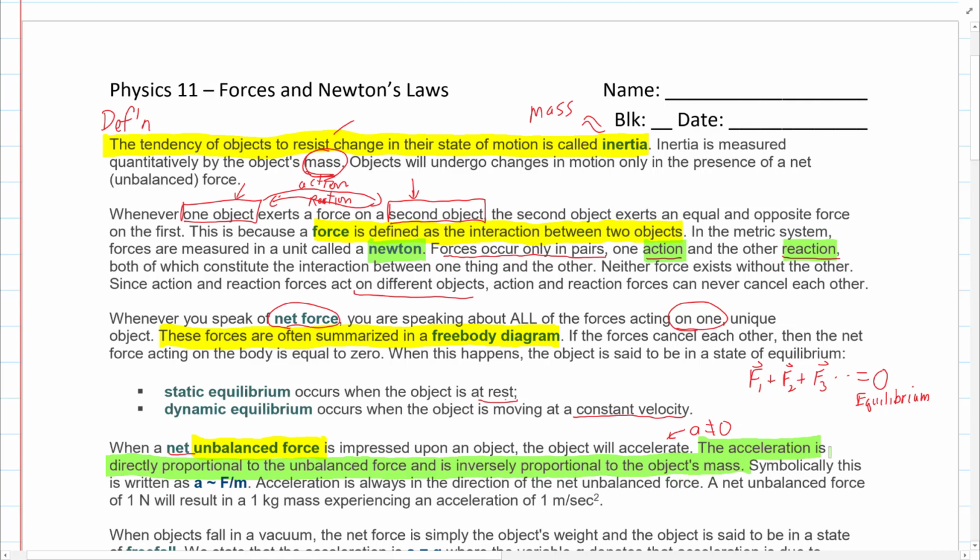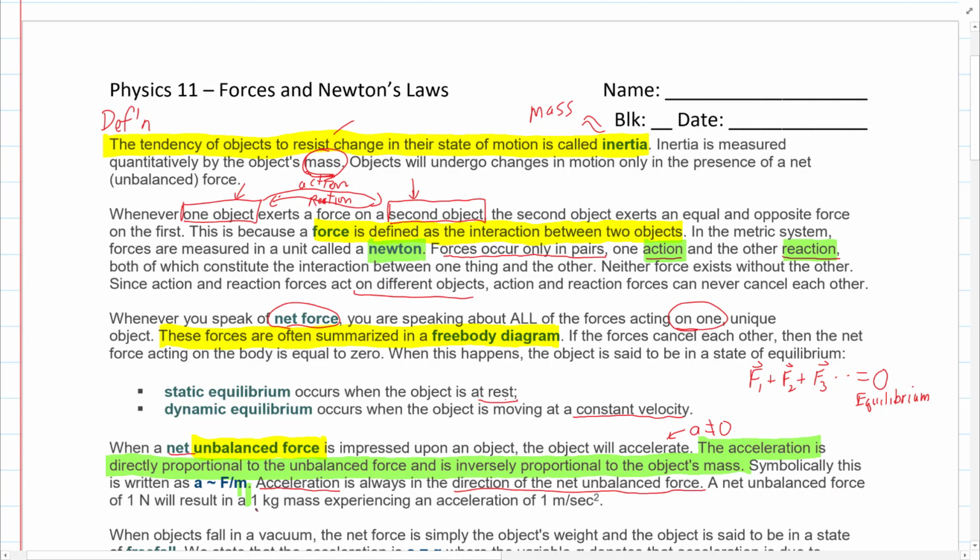That's what it means: proportional to the unbalanced force and inversely, meaning m is in the denominator. Acceleration is always in the direction of the net unbalanced force. That's important. And a net unbalanced force of 1 newton will result in a 1 kilogram mass experiencing an acceleration of 1 meter per second squared.